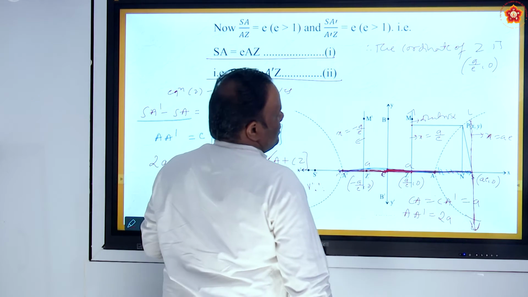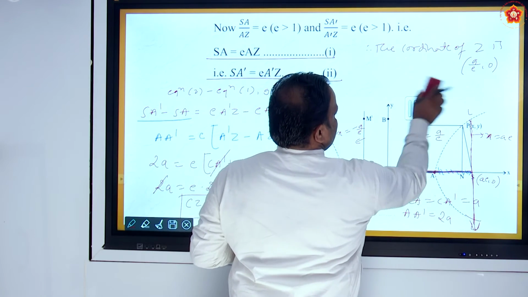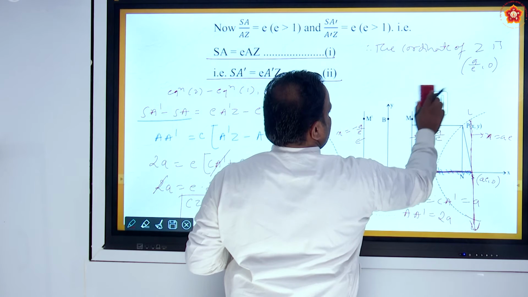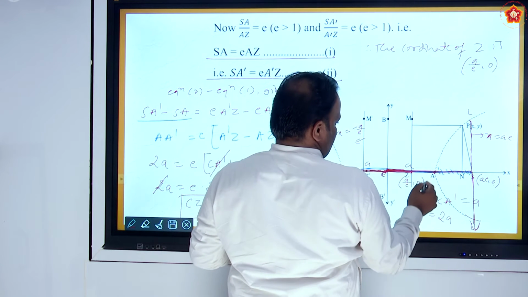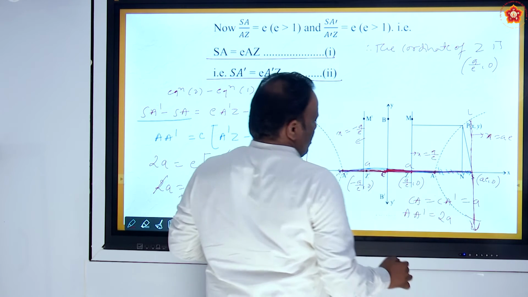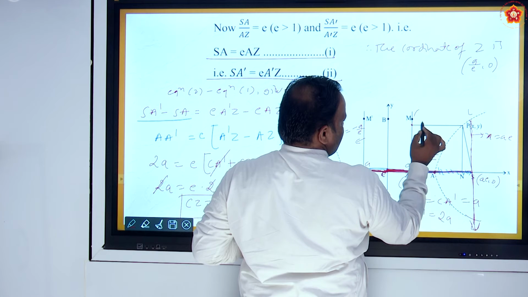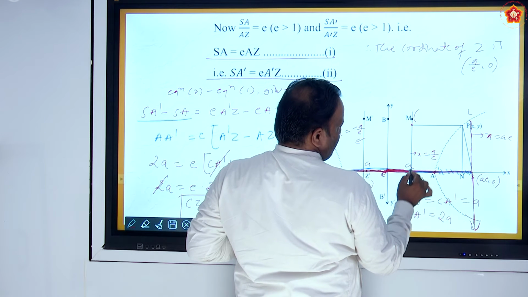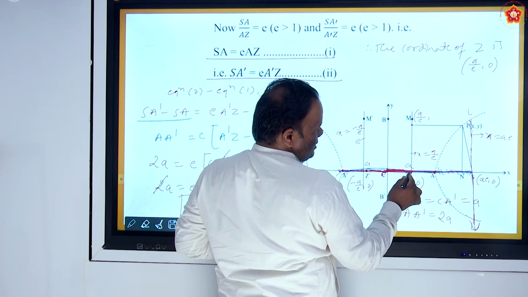Okay, so now what about M? What was the M coordinate? Observe here in the figure, I write equation of directrix x equal to a by e here. Observe here, this Z coordinate is a by e comma 0. What about M coordinate? What is the x value here? Here also the same, means a by e. Correct? Here also x value a by e.